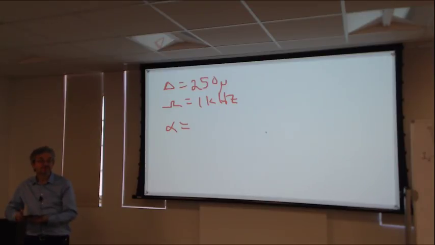Pi over 2. Or if we just multiply hertz times time, this will be 1/4. Since we're working in hertz, that's 1/4 of the circle, which is pi over 2, or 90 degrees. So the magnetization after the pulse is on the x-axis.